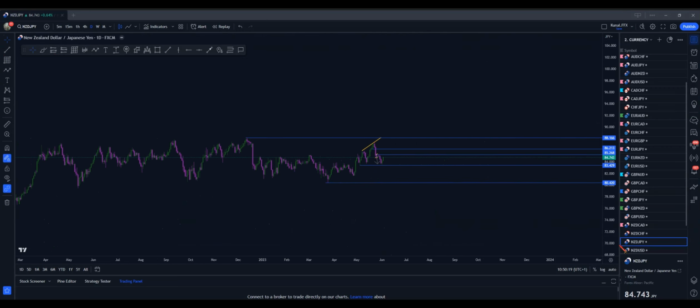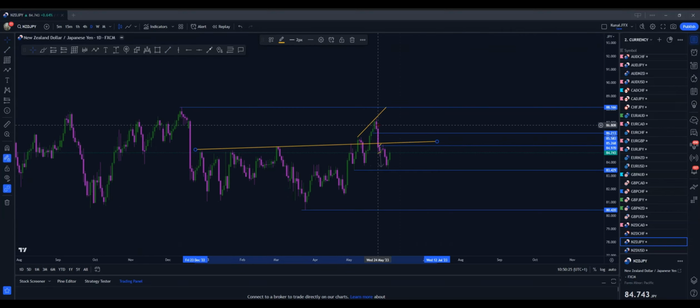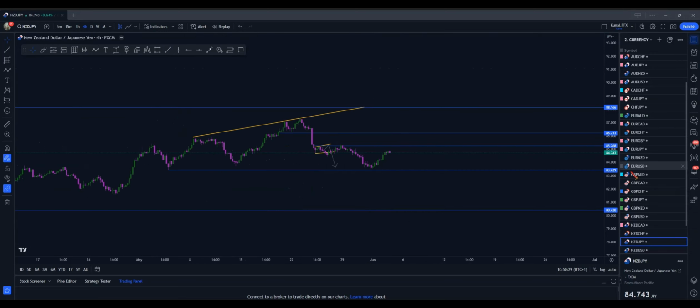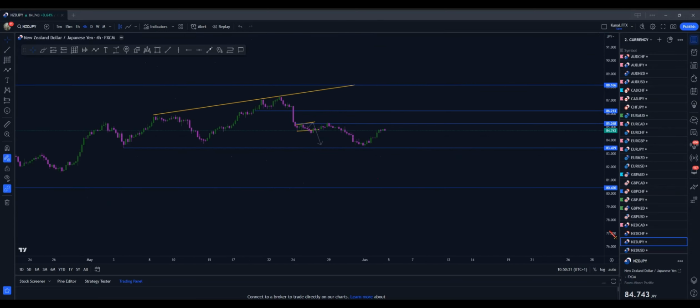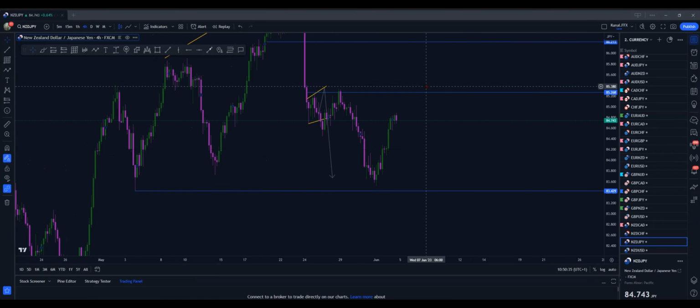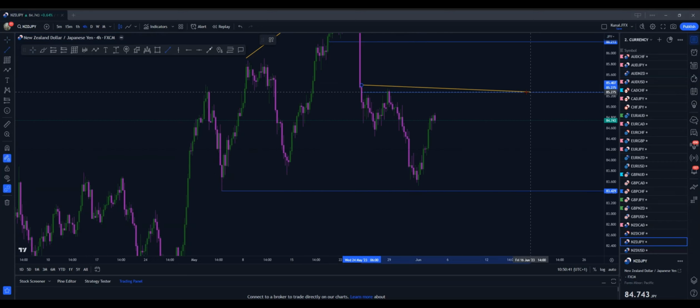So if I move into the daily, I think it comes a lot more clear because it is quite messy with the range. We broke above all of this, and then we retraced back in. As we've retraced back in now, we were looking at a flag here, we didn't quite get it, we sold off, and now we're just pulling back. Maybe we come back to this area, we do create a 1, 2, 3 in this area where we get something like that.